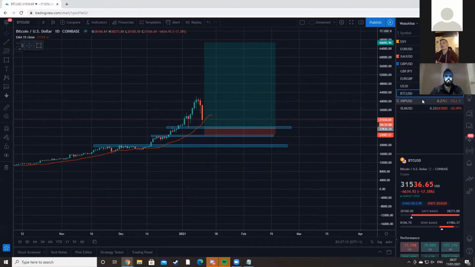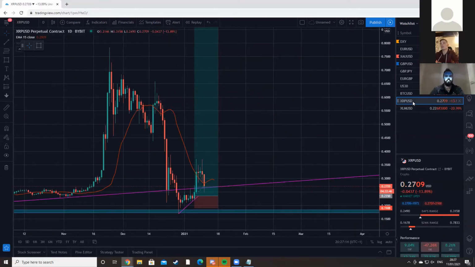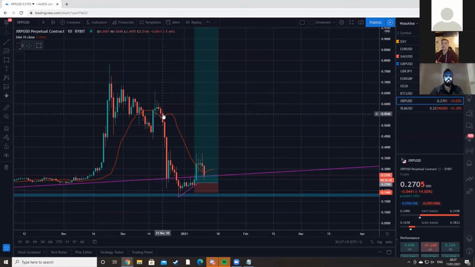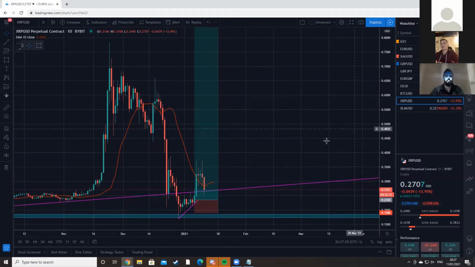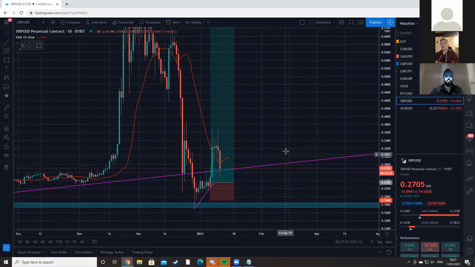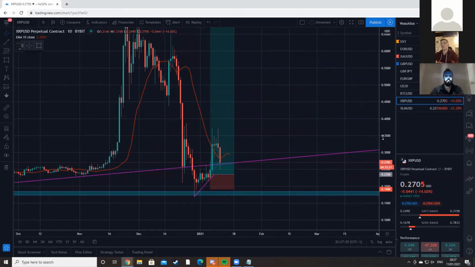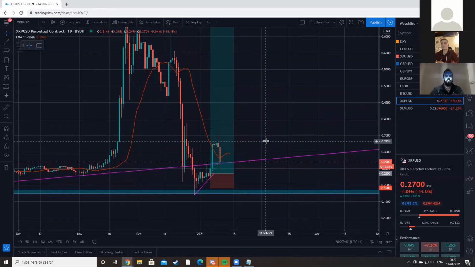Something I really like today is the Ripple. We see that we had a nice sell-off because of the lawsuit they have with the SEC, I think it is. And Ripple is going to disappear on a lot of trading platforms, I heard, because of the lawsuit.